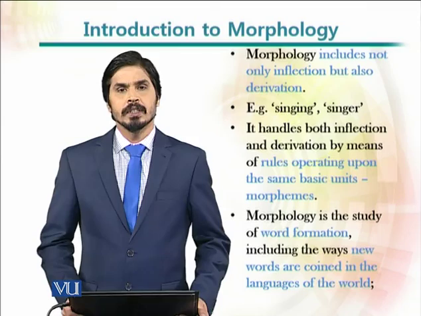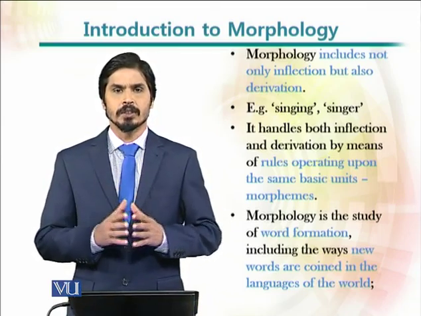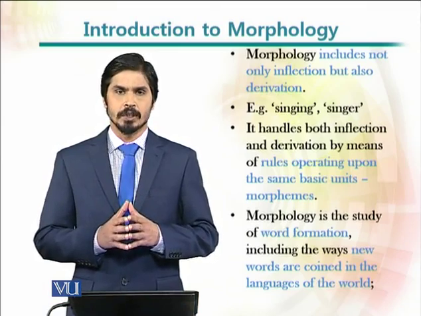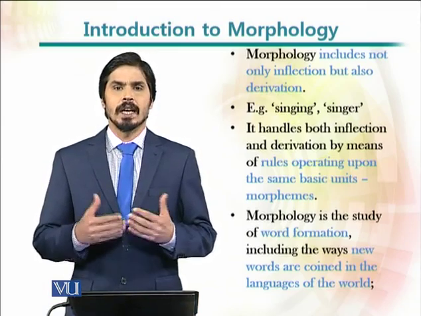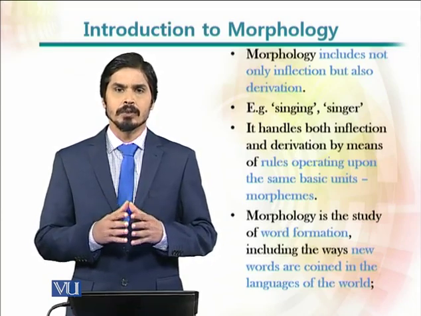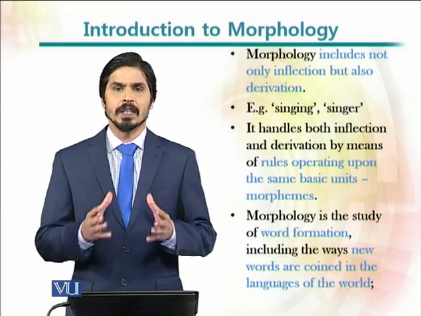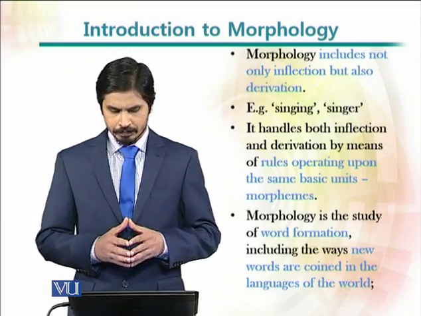And we could safely say that morphology in English not only involves inflection but also derivation. It not only adds to the already existing grammatical form, but it can add in a way that changes the grammatical category of the word.